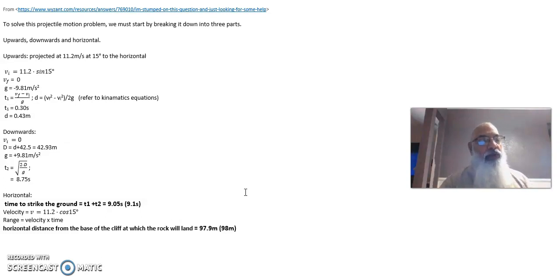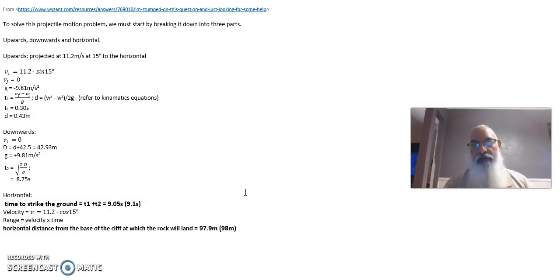Okay, so the initial velocity in the upward direction is 11.2 meters per second times sine 15 degrees. The final velocity is zero because as far as the vertically upwards motion is concerned, the rock is going to attain a certain height, and at that point its velocity will become zero. That's why we are saying that the acceleration is negative.